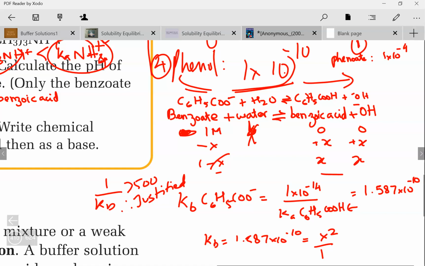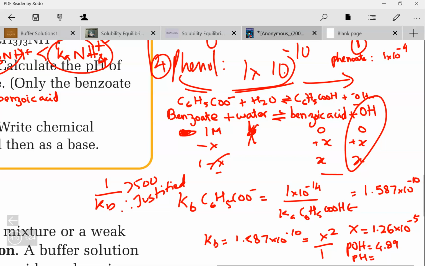So x is just the square root of that, 1.26 times 10 to the power negative 5. That x is the OH minus concentration, right? So I take the negative log of that and obtain 4.89 for my pOH. And therefore my pH can be calculated by doing 14 minus this, which is 9.1.